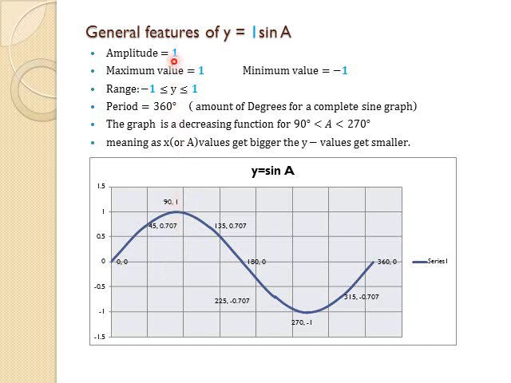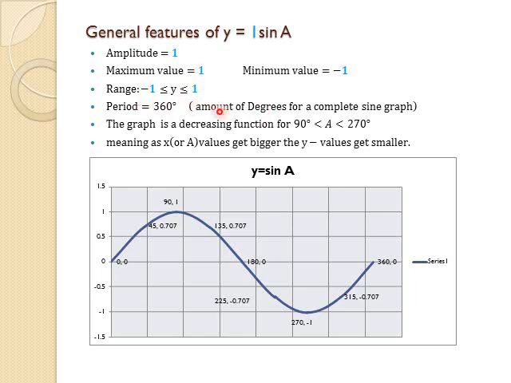Right, so my amplitude is 1. Therefore, the maximum value there that the graph goes to is 1. The minimum value there is minus 1. My range, as you can see, is between 1 and minus 1. So y is greater or equal to minus 1, less or equal to 1.